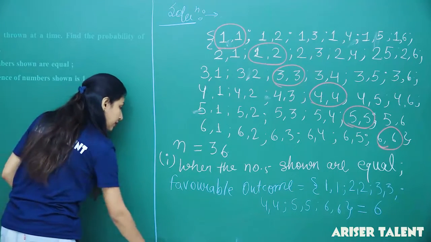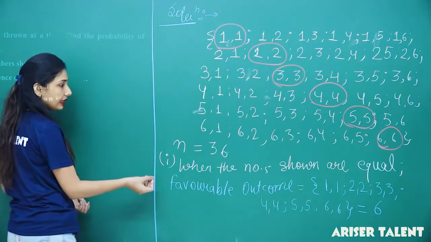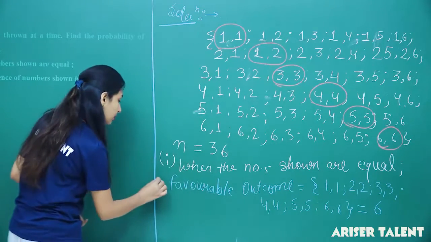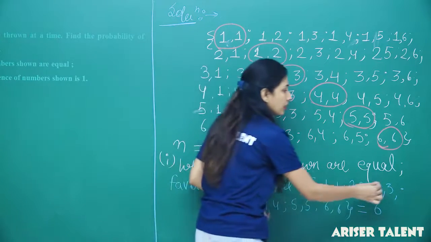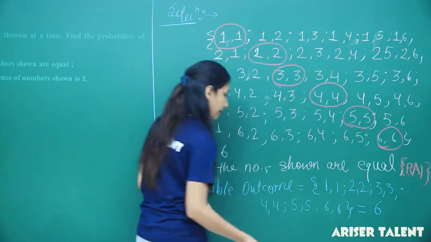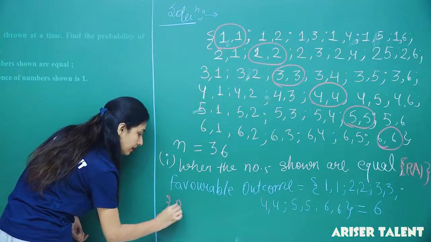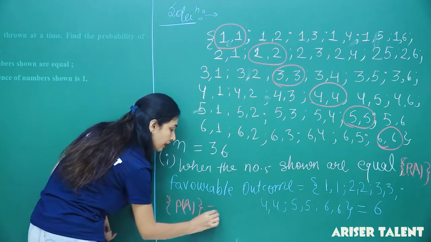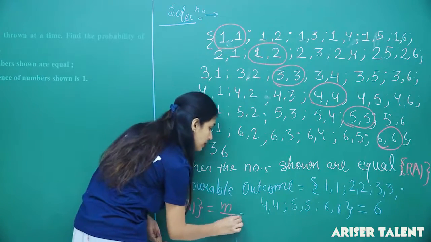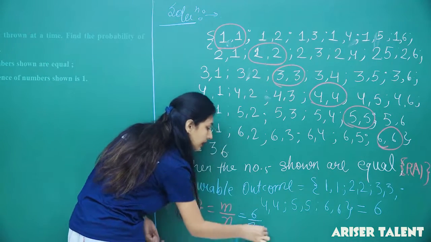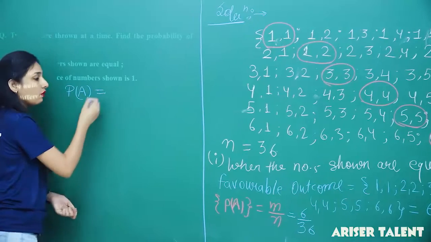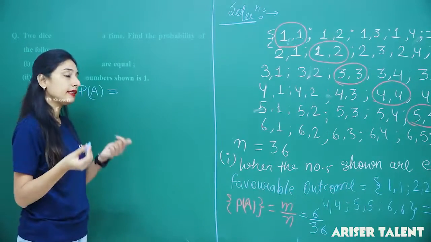So, considering this situation as A, I can have P(A). Simply P(A) will be equal to m by n. In this particular condition, m is equal to 6 and n is equal to 36. That means P(A) will become 6 by 36, simply 1 by 6.